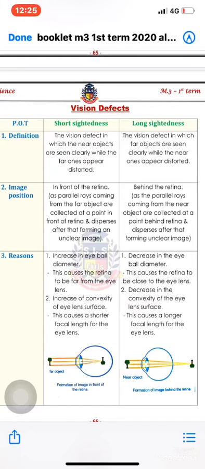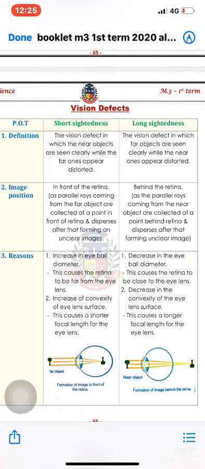Number 2, image position. In short-sightedness, the image is formed in front of the retina, or before the retina, okay? As the parallel rays which are coming from the far object are collected at a point in front of the retina. And then they disperse after that forming an unclear image.